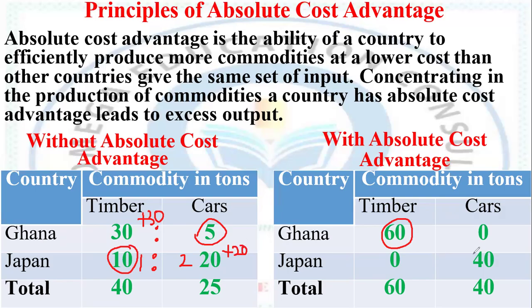So in total, Japan concentrating the production of cars will be able to produce 40 tons of cars. Now, this means Ghana is having excess output of timber, Japan is having excess output of cars. So they will now exchange. Ghana will sell timber to Japan, Japan will sell cars to Ghana. Right, so that is a principle of absolute cost advantage.